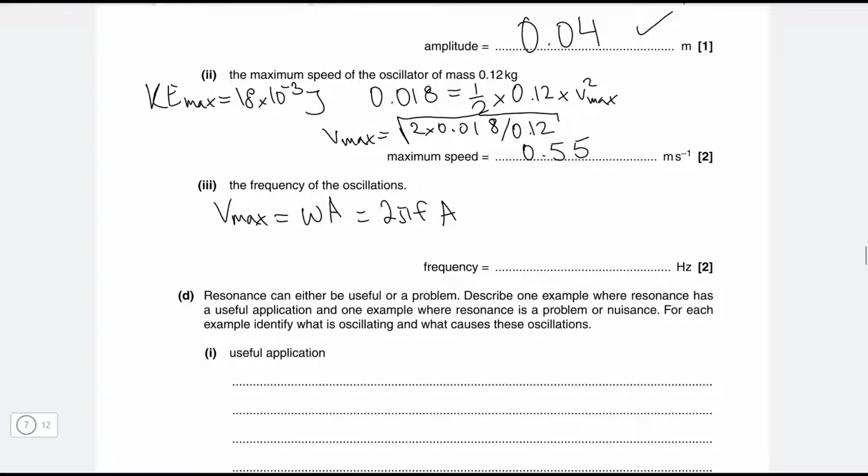Here we know what our maximum speed is, so all we need to do is just rearrange for the frequency and plug in some numbers. So the frequency will be equal to Vmax divided by 2 pi a. Our maximum speed is 0.55 divided by 2 pi times 0.04, and that's going to give us about 2.2 Hertz.